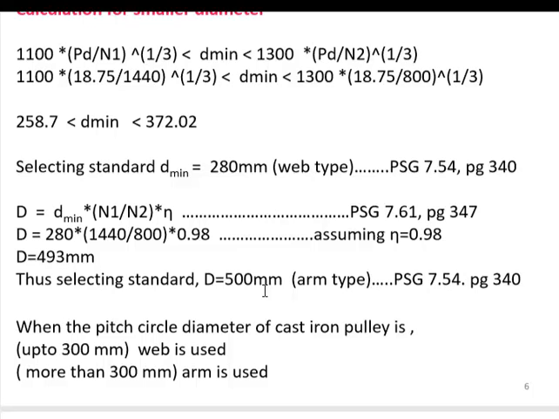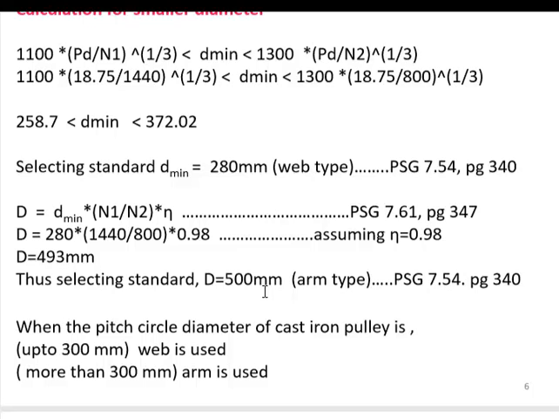Now you can observe that I have written here arm type and web type. So the rule is, once your diameter is more than 300 mm, you can use arm type of pulley, and once your diameter is less than 300 mm, you can say web type pulley.